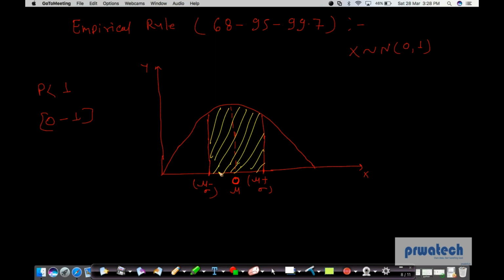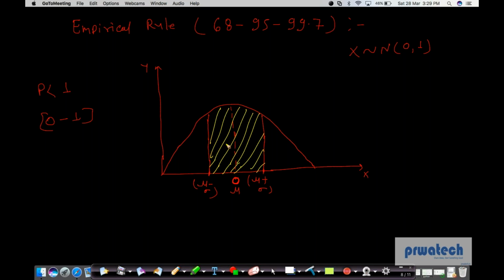Whatever question you are asking, when you know the mean and the standard deviation, and you are claiming that the distribution is normal, you can easily calculate this interval. You can calculate this point and this point, and this area is 68% of the total probability of any question.